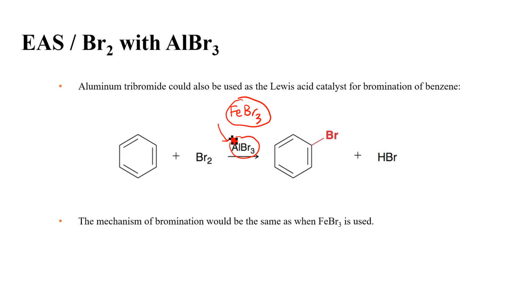This Lewis acid is aluminum tribromide. Really, you can use different Lewis acid catalysts to accomplish the same transformation. But realize the mechanism of bromination of an aromatic ring would be the same as when FeBr3 is used. It's all the same. So if you're wondering what the mechanism is, it's exactly the same as with FeBr3.